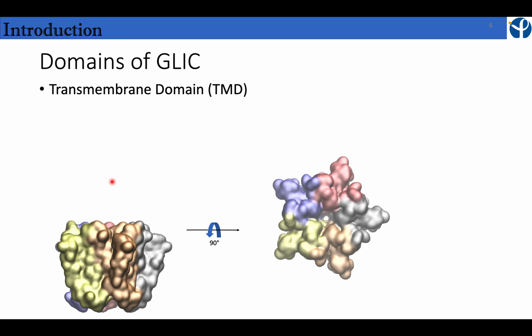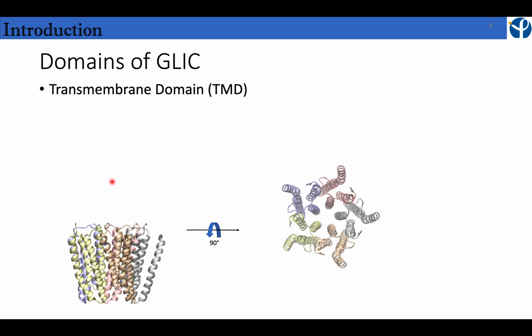The transmembrane domain is typically made up of 4 helices, and in some cases there is also an intracellular domain, but for the example that I will talk about, we don't have an intracellular domain.